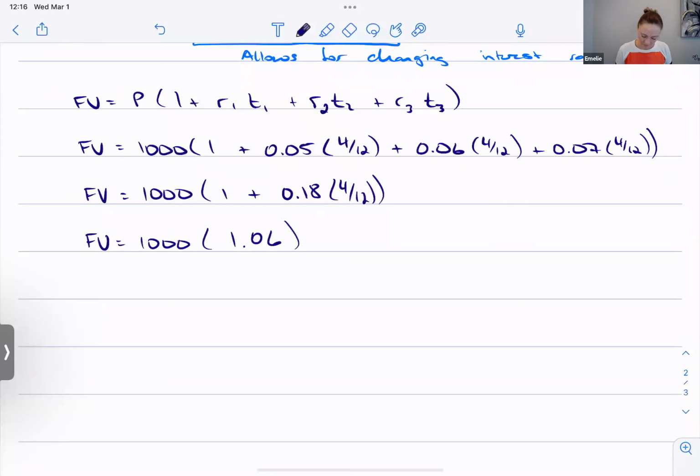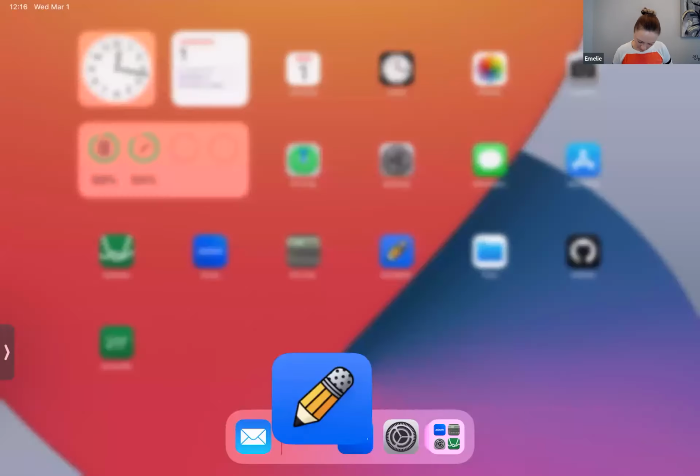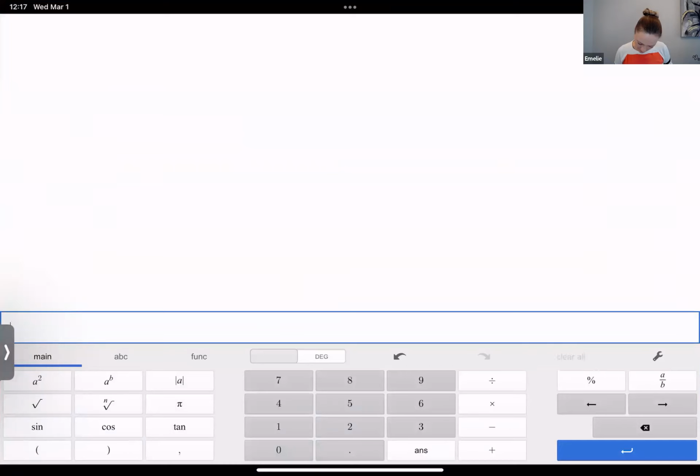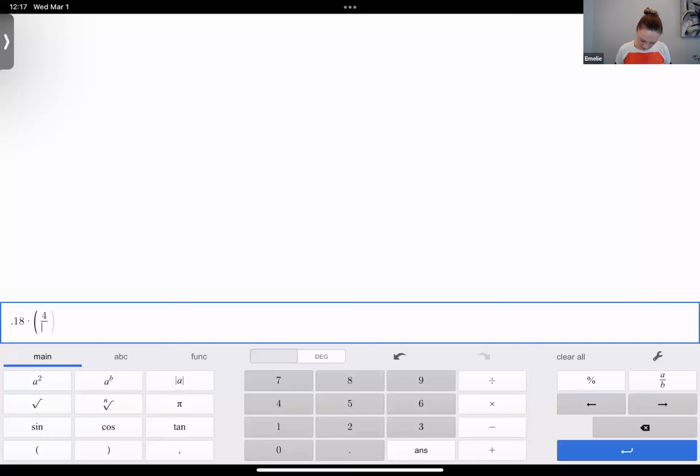1.06. I'll just confirm here because I didn't check my work before class. Let's see here, 0.18 times 4 divided by 12 is 0.06, plus 1 is 1.06. Okay, good, times 1,000.